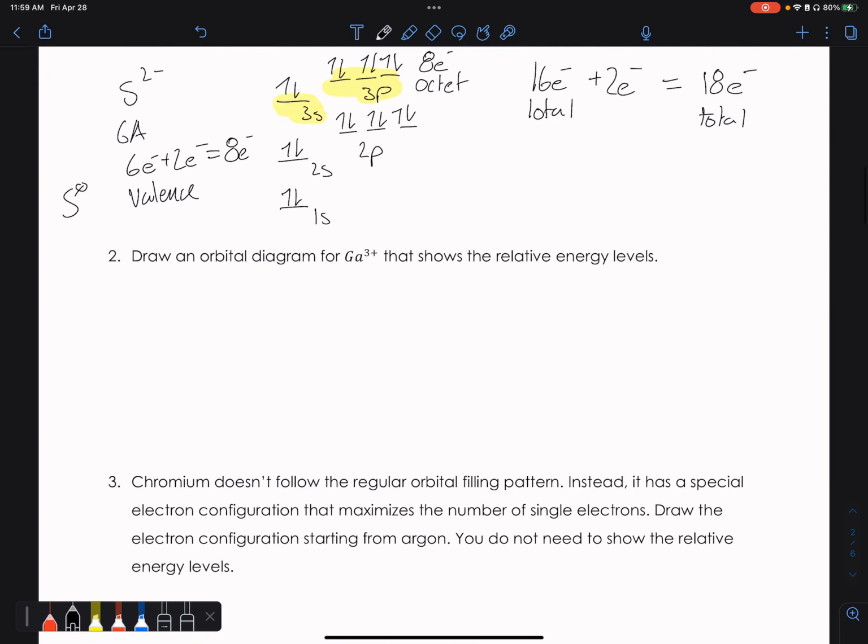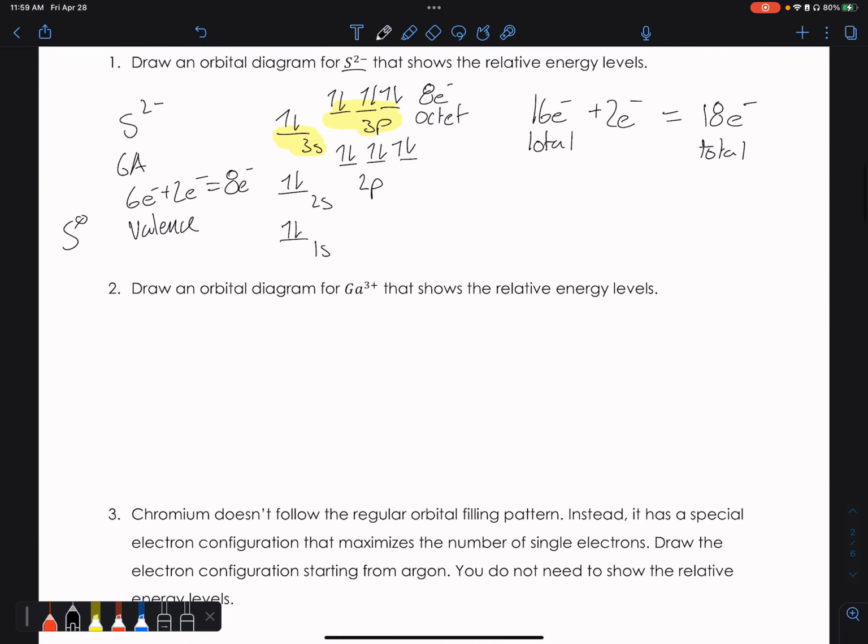So the same thing applies for gallium. Again, we can get the number of electrons from the periodic table. Instead of using the group number, which would just give us the valence electrons, we're going to use the atomic number. Gallium is atomic number 31, which means that neutral gallium would have 31 electrons.